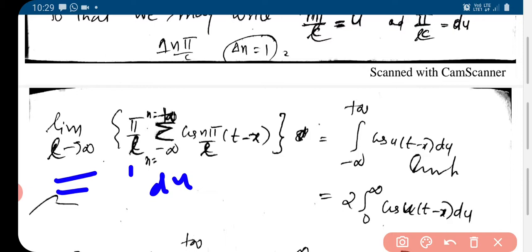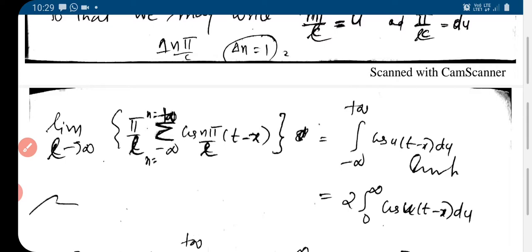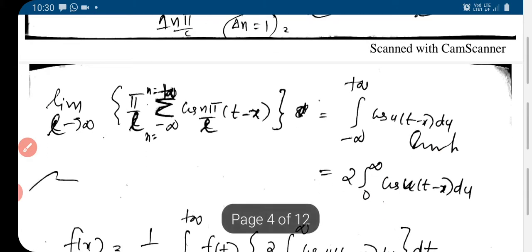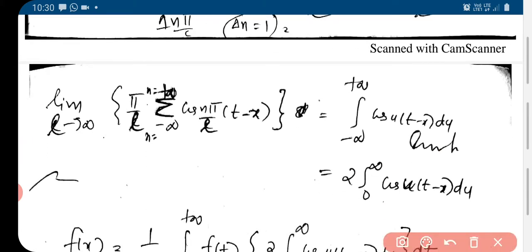Pi by L is taken as du, and this is u, so we have cos u(t minus x) du, where u changes as n changes from minus infinity to plus infinity. As n changes from minus infinity to plus infinity, u also will be changing from minus infinity to plus infinity.